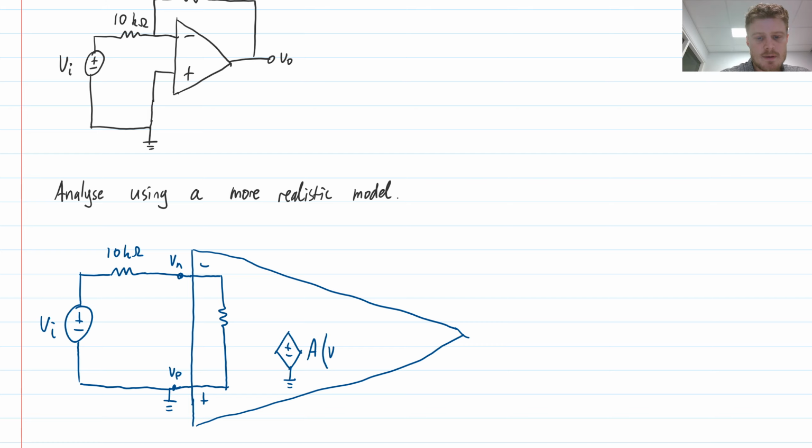So we have Vn minus Vp, and it runs through an output resistor, like so. Now we can go and find a real op amp, like an actual physical product, and we can go and get some values to put into this particular circuit.